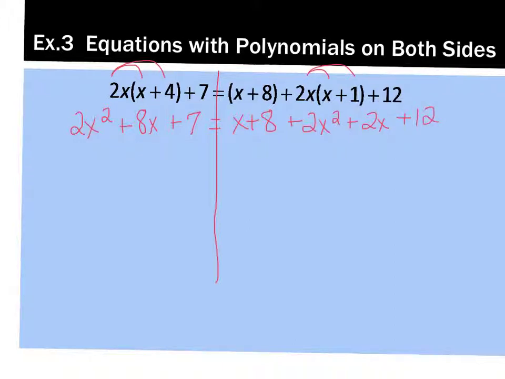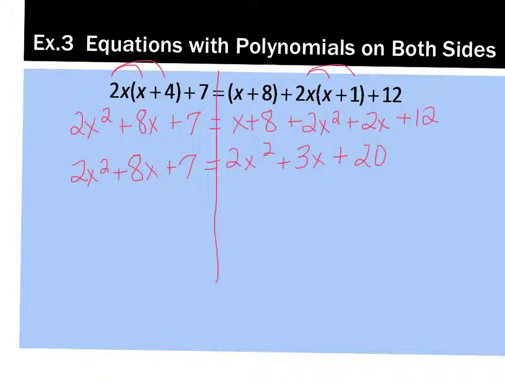Now over on the right we can simplify. We have 2x to the second, and then if we add our x's, x and 2x gives us 3x, and then 8 and 12 gives us 20. So we have 2x to the second plus 8x plus 7 is equal to 2x to the second plus 3x plus 20.